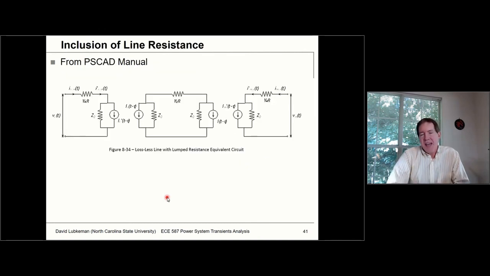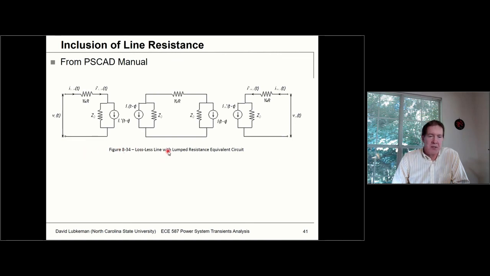One thing you still have to add to this is the impact of line resistance. And we don't actually model line resistance as distributed. Basically we still model it as lumped. So a real simple way of doing this, if you had a line, in order to properly model resistance, you take this line element and break it into a left side, a middle side, and a right side.